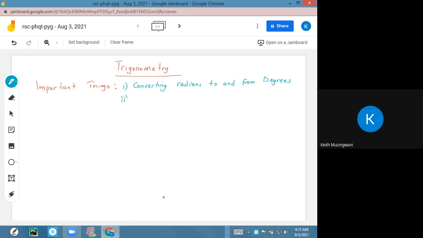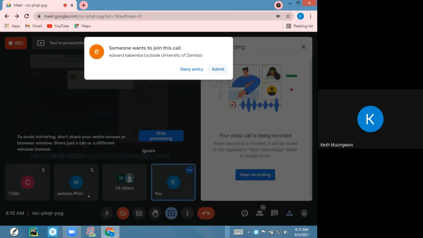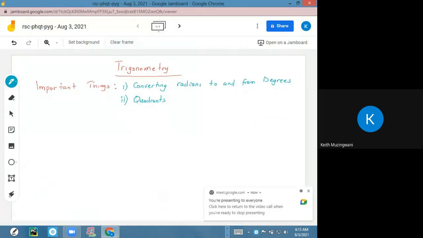Second thing, quadrants. Quadrants. And then third, coterminal and reference angles.